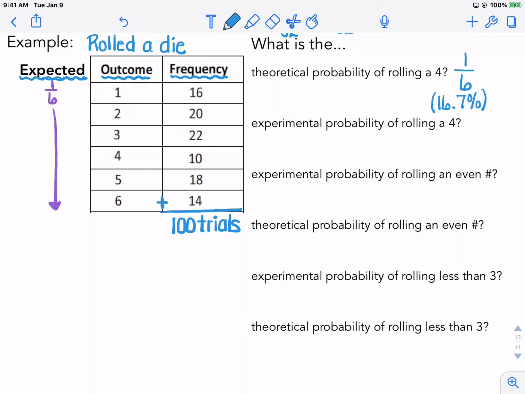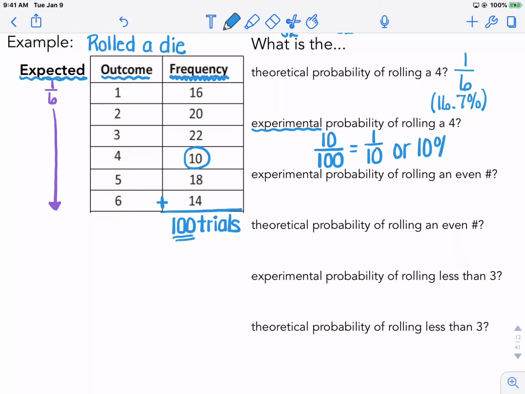Now then they actually went and ran an experiment, and they said, well, that's not what actually happened. How frequently did a 4 come up when we ran our experiment? So now we have to go to the data that came up. Rolling a 4, they rolled a 4 10 times. Well, 10 times out of the 100 times that they rolled the die in their experiment, the 100 trials, and that's only about 10% of the time.